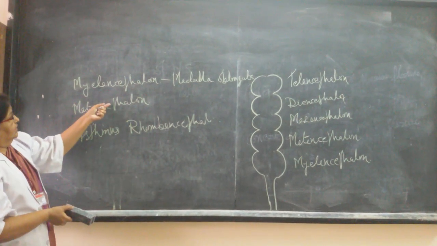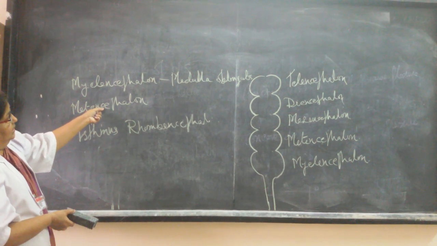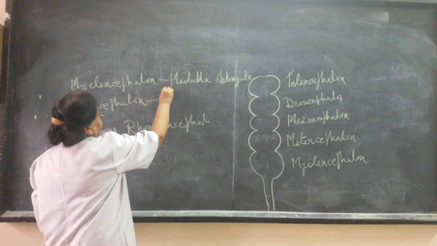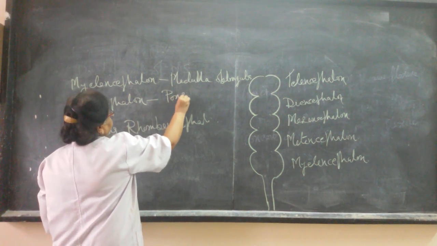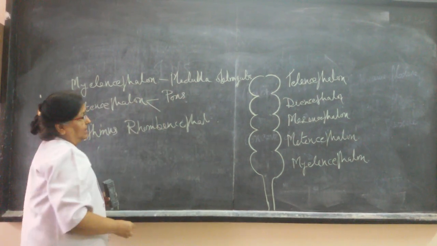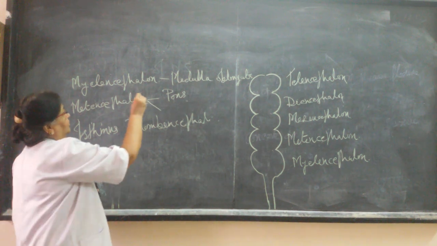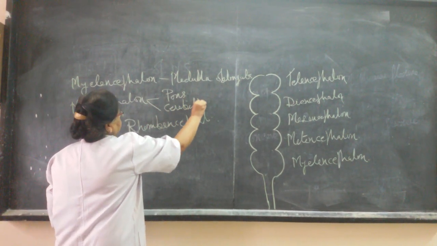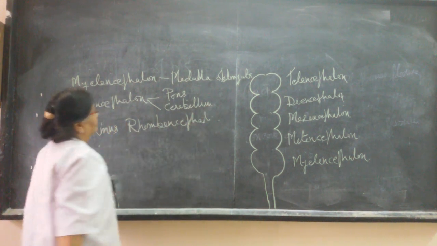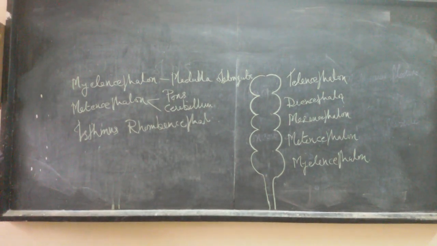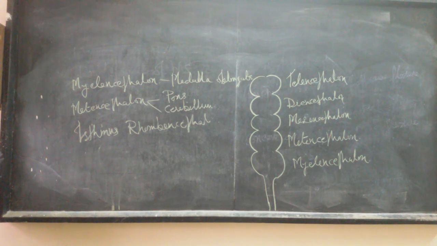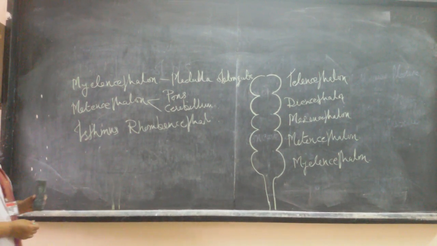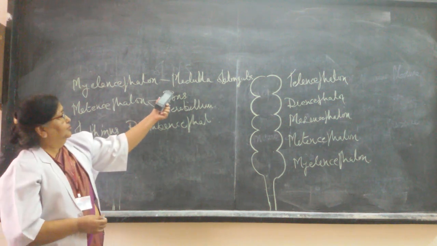Likewise, the metencephalon: the ventral part forms the pons, and its dorsal part develops into the cerebellum. In the pons, the grey matter differentiates and forms various nuclei.